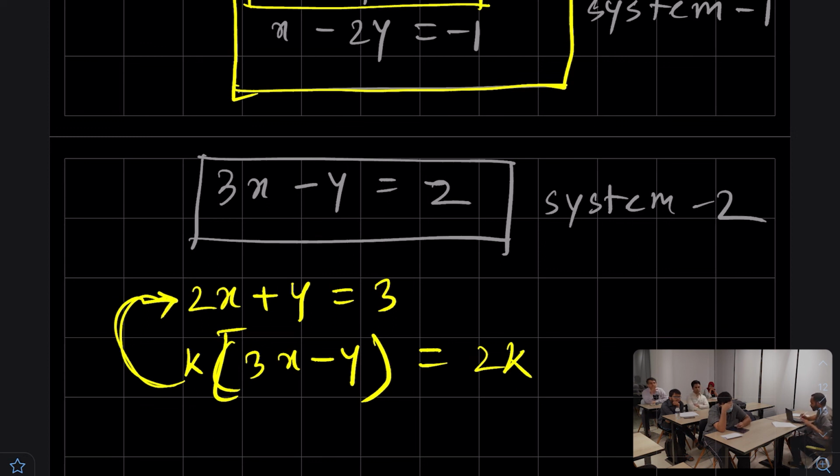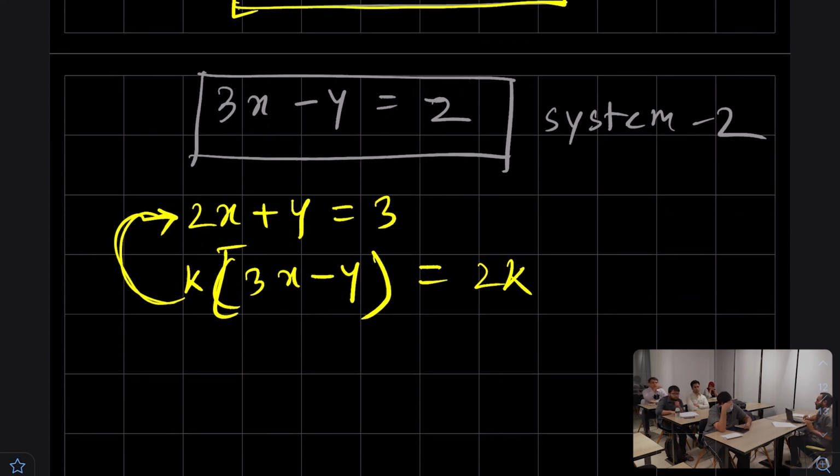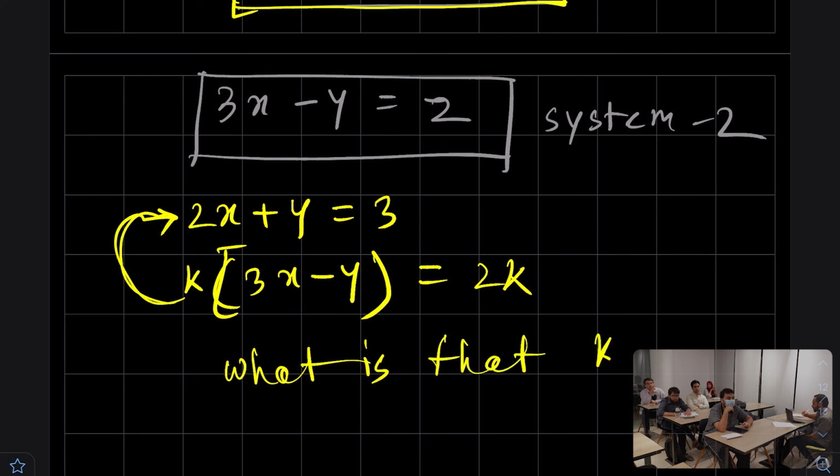Is there any k that will produce this 3x plus y equal to 3? Suppose we want the coefficient 2, then we have to choose k to be 2 over 3, right? But that 2 over 3 will alter this 2k, that won't be equal to 3.